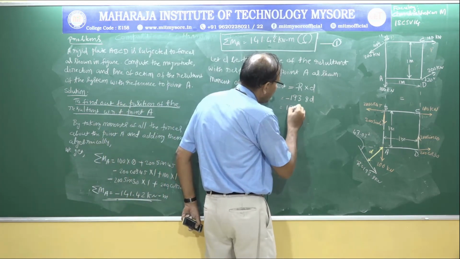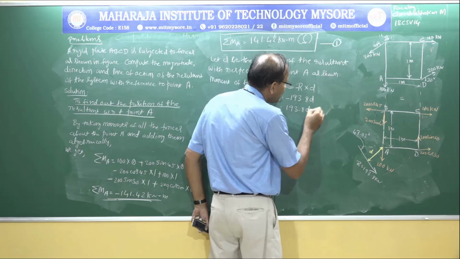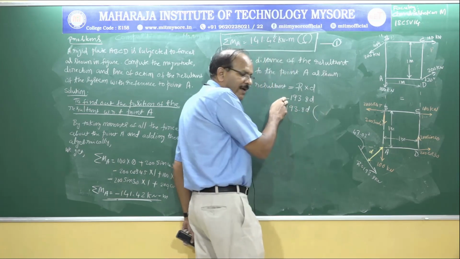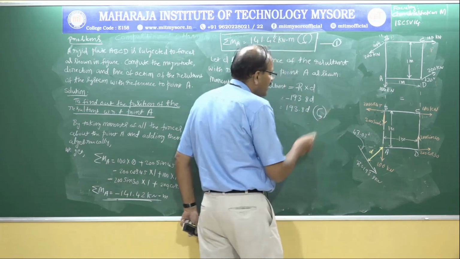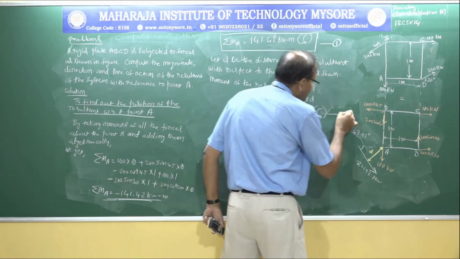Once I take out the minus sign, I can replace that with anti-clockwise direction. I am going to call this equation 2.